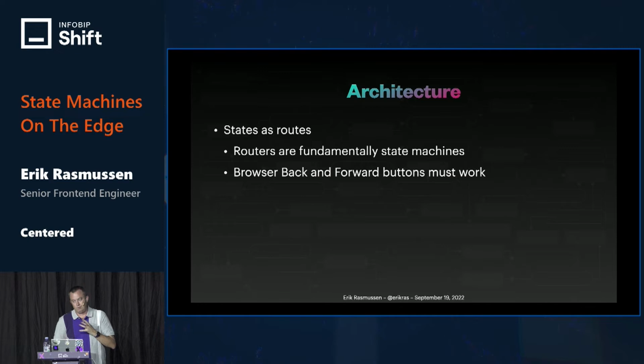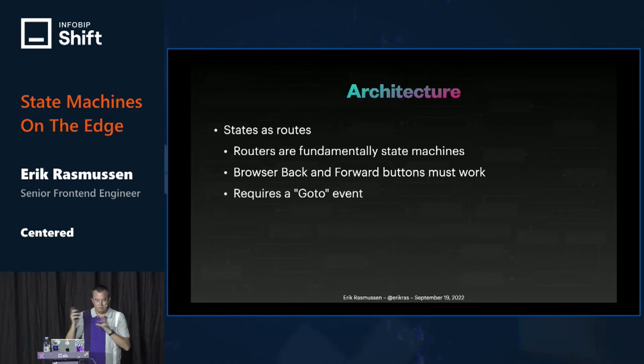So we have to respect that. So basically, we need a way to go to any state in our state machine that the browser thinks that it is telling us that it's in. And for that, we're going to need a global go-to event to be able to sort of teleport ourselves to whatever state the browser thinks we're in.